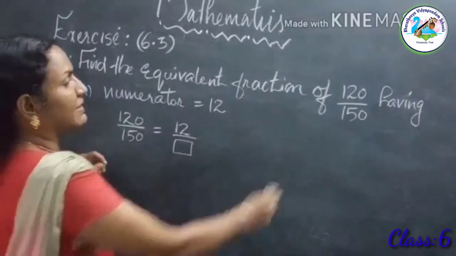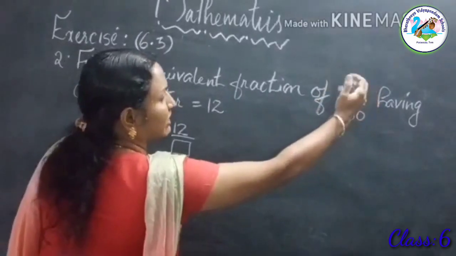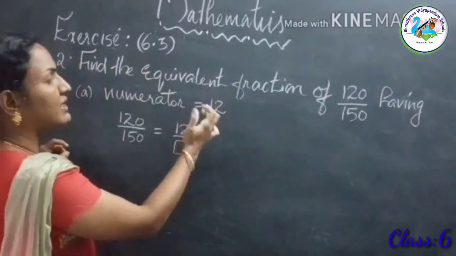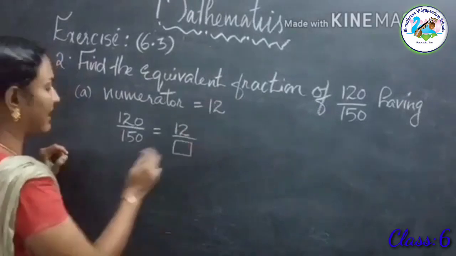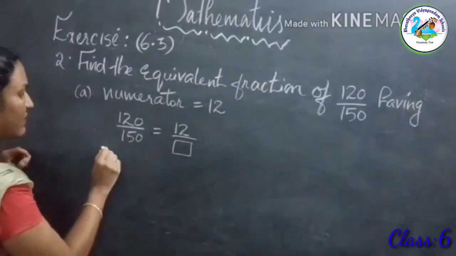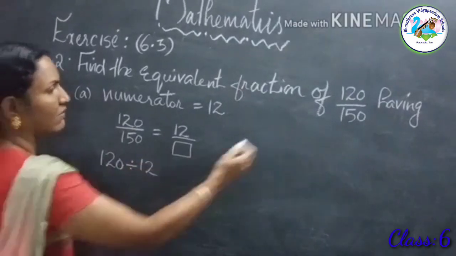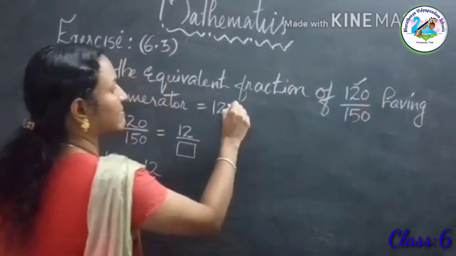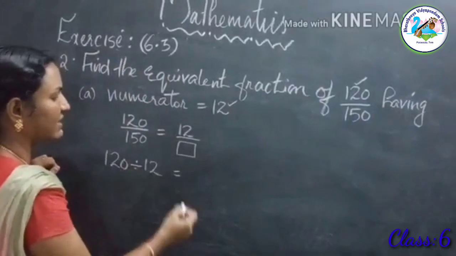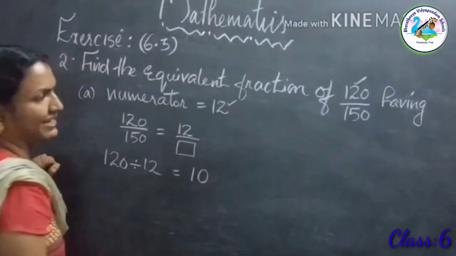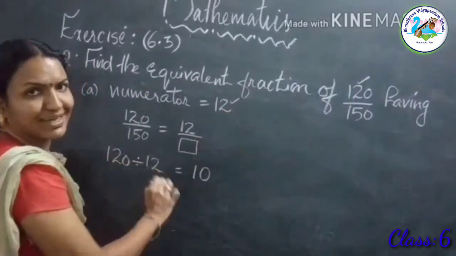The method is, here the numerator is 120 and the required numerator is 12. First we divide the numerator by the required numerator. 120 divided by 12 is 10.